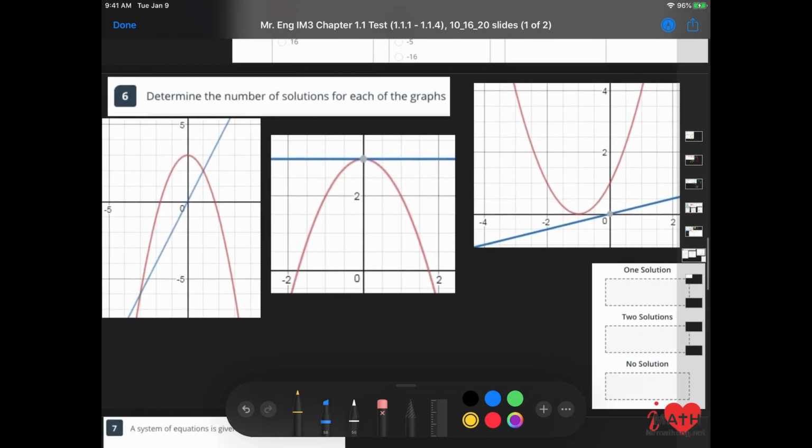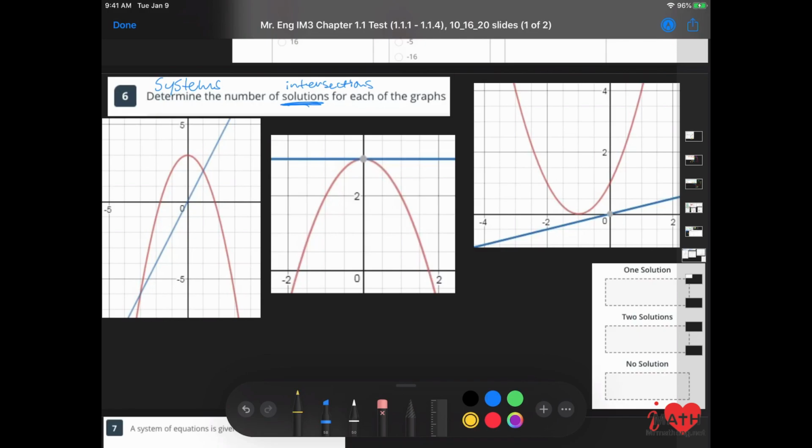Okay, number 6. Determine the number of solutions for each of the graphs. What is a solution to these graphs? The red and blue are called systems, and for systems, the solutions are intersections. Where do the graphs cross? Where does the red and the blue meet?